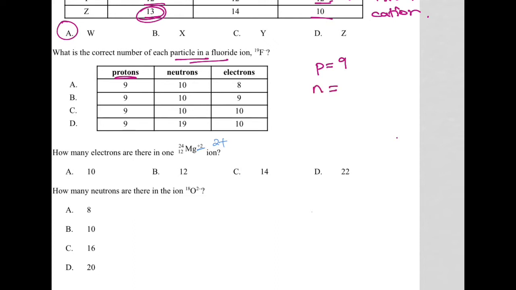Neutrons is 19 minus 9. So that's 10 because you have 19 nucleons here. So that's protons plus neutrons. And electrons, because it's F minus, means you have one extra negative particle. So electron is 10. So here, answer C.